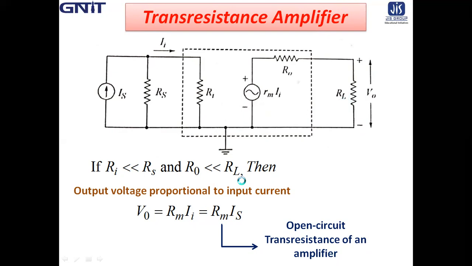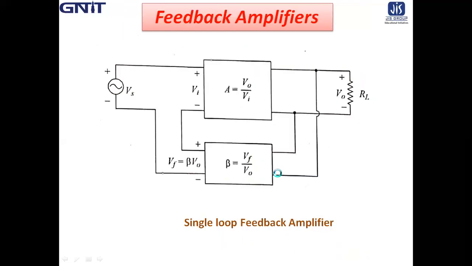So amplifiers can be divided into four groups, which is done on the basis of the quantity to be amplified, maybe a voltage or current as desired from the output.